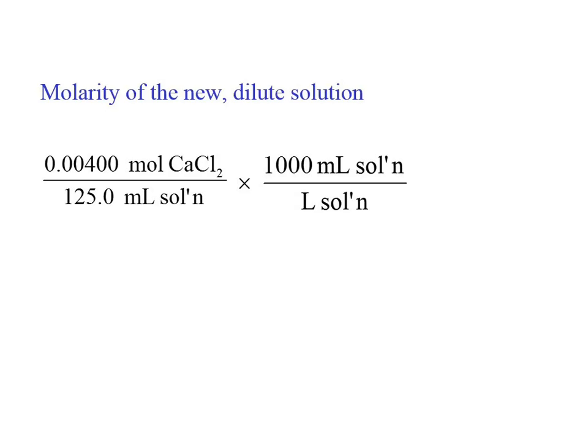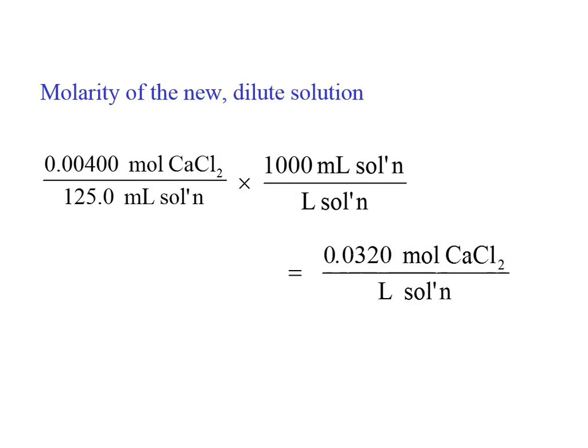Looks like we're again only allowed 3 significant figures. So 3 significant figures is 0.0320, and that would be units of moles of calcium chloride per liter of solution, or simply 0.032 molar CaCl2.